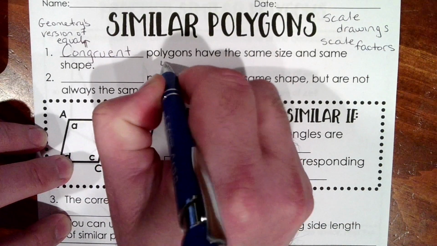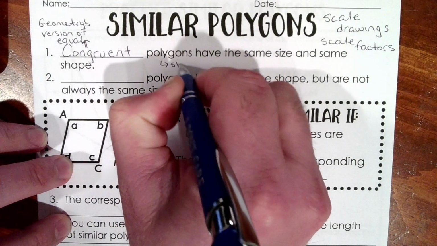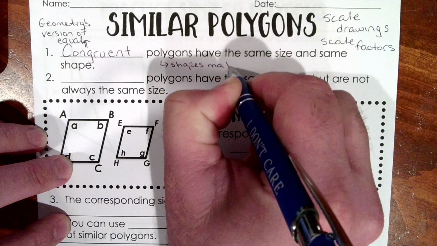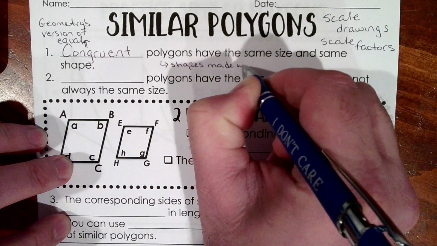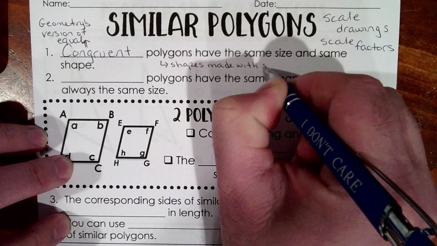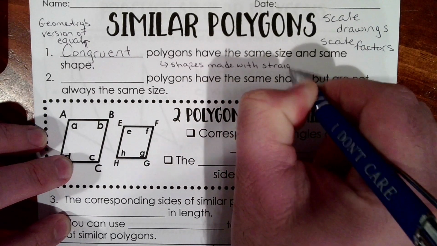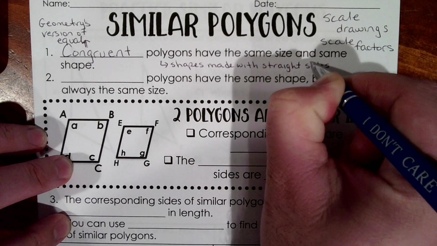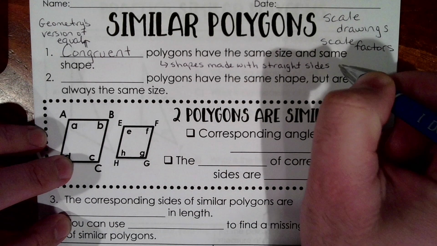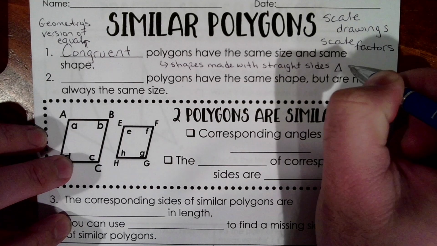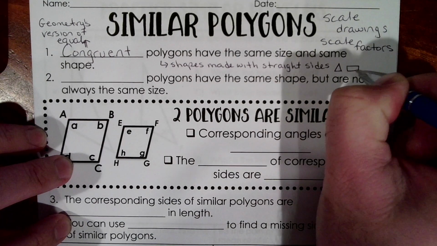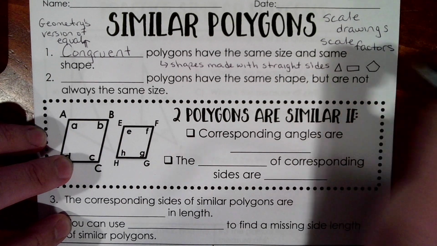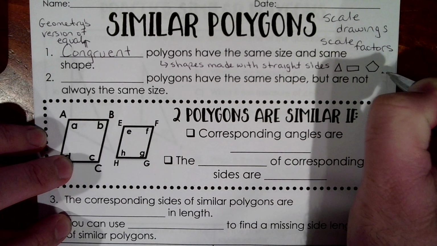We should clarify that polygons are shapes made with straight sides, so like a triangle and different quadrilaterals and a pentagon, and so on.